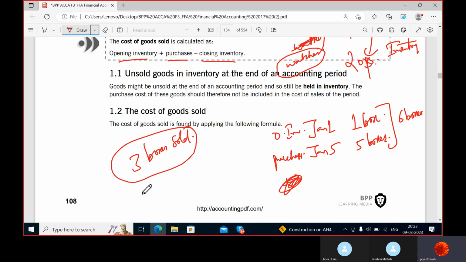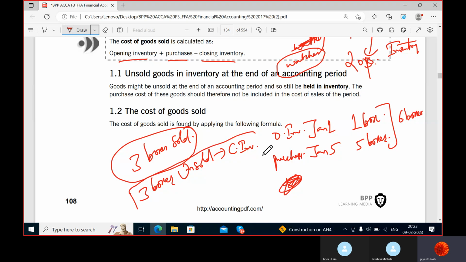So how many boxes are left over? 3 boxes unsold. Can I say this is the closing inventory? That means when I closed the books at the end of the month, I am left over with 3 boxes. And these 3 boxes are my unsold inventory or closing inventory.